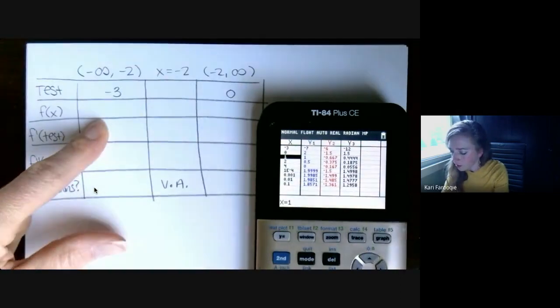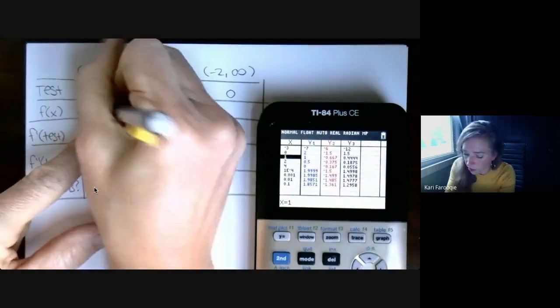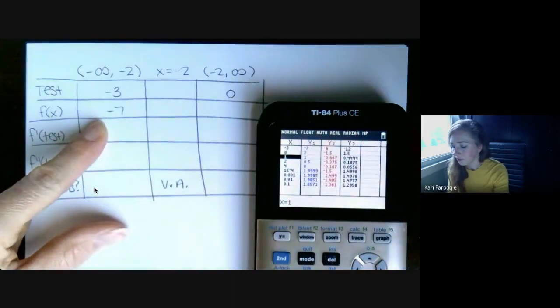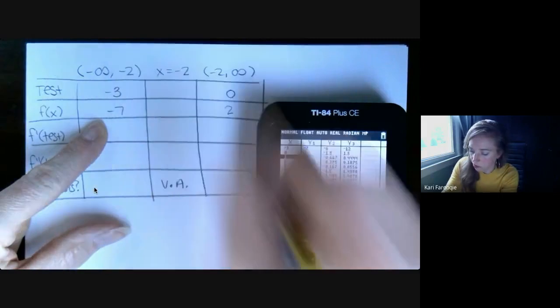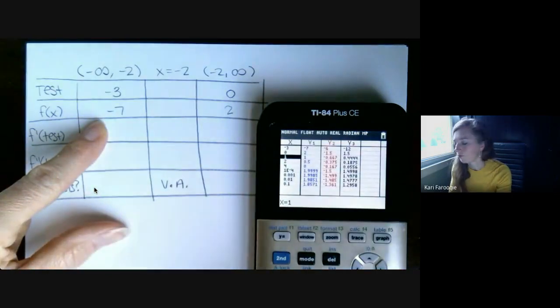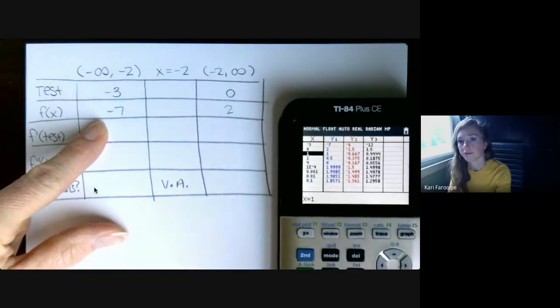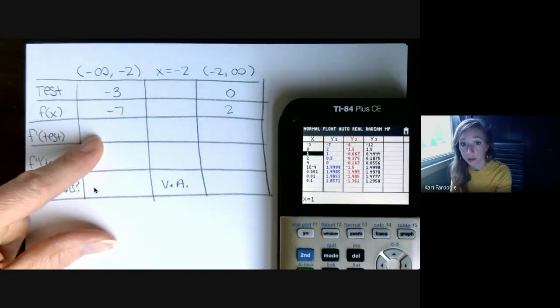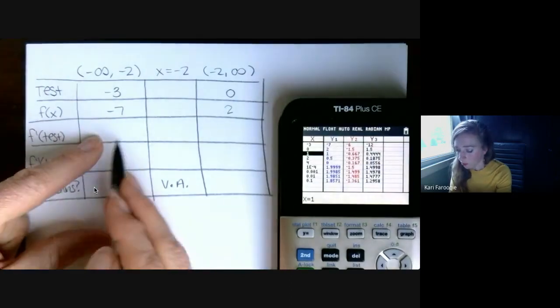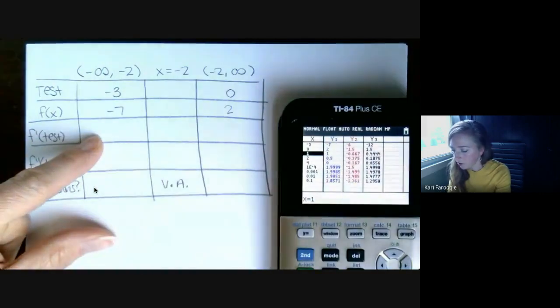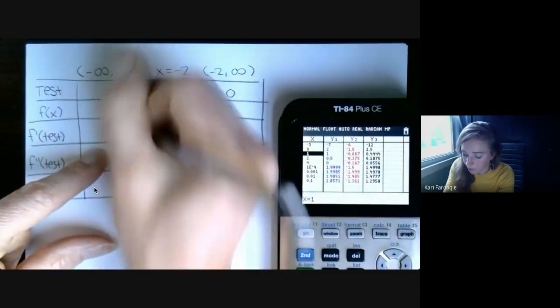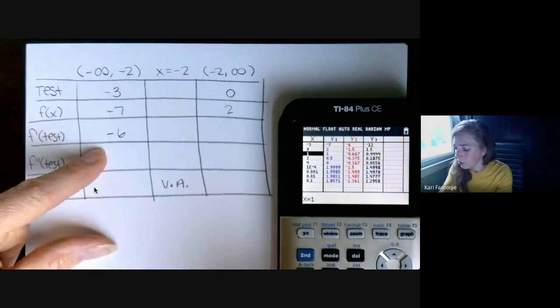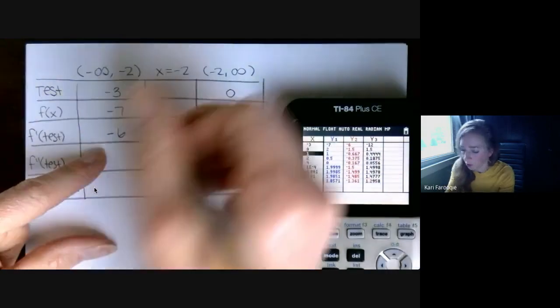So for f of x, at f of -3, the function value is -7. And at 0, the function value is 2. And now I'm going to work on my derivative, and then I'm going to work my way left to right, top to bottom. So at -3, y prime is -6. And at 0, y prime is -1.5.